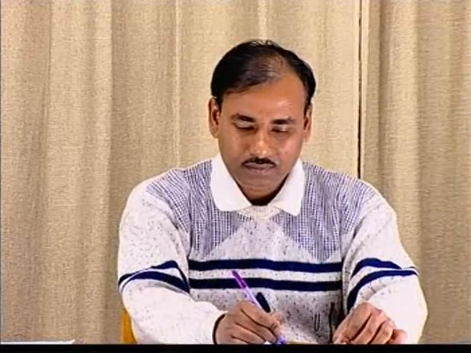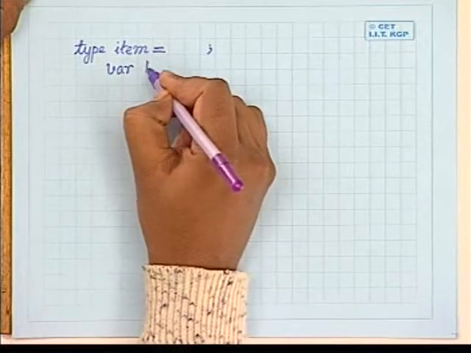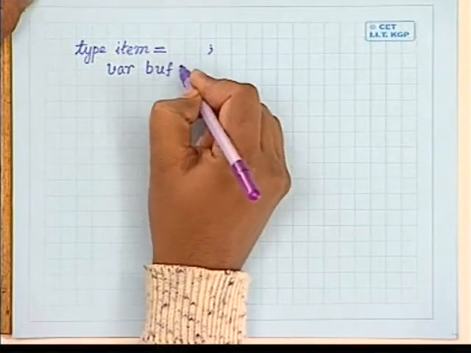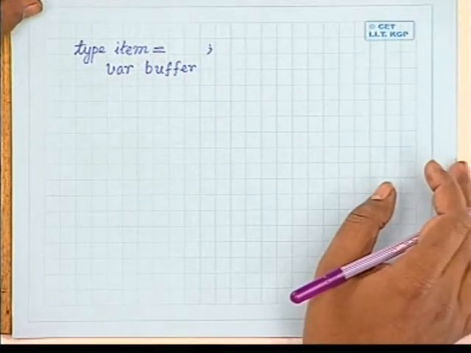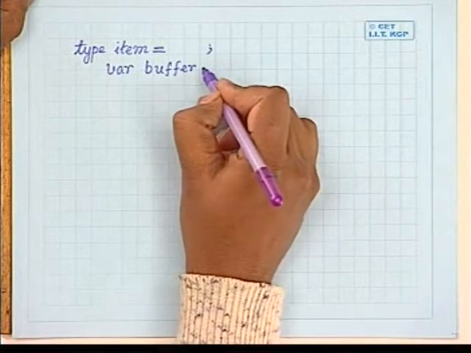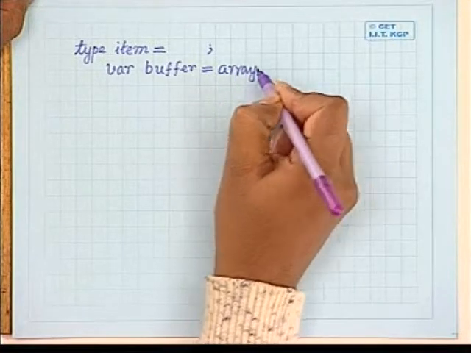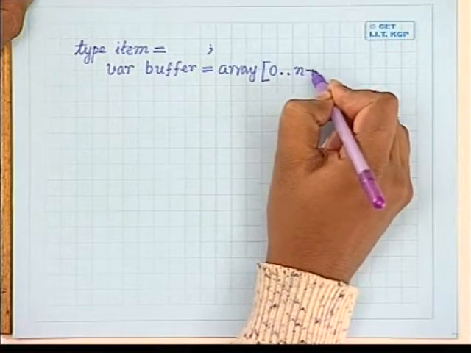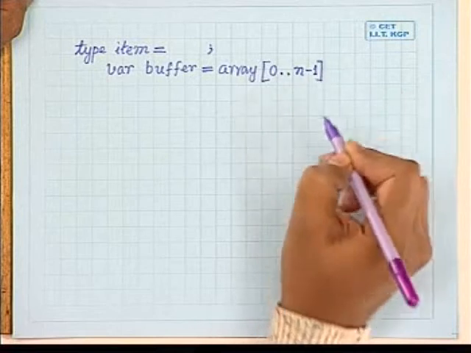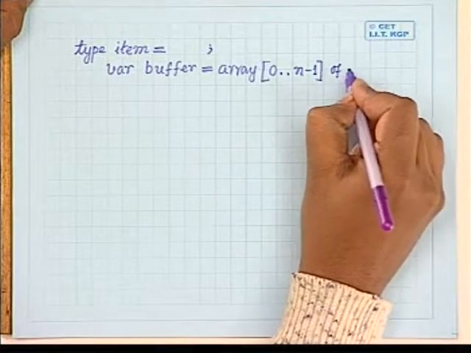Then the variables that we need: we have to have a buffer, and we assume that it's a buffer having n number of locations. So we'll declare this buffer as an array of 0 to n minus 1. So 0 to n minus 1, total n number of locations, of type item.